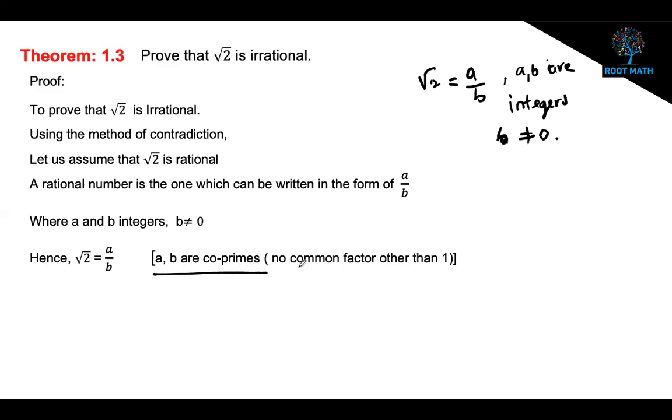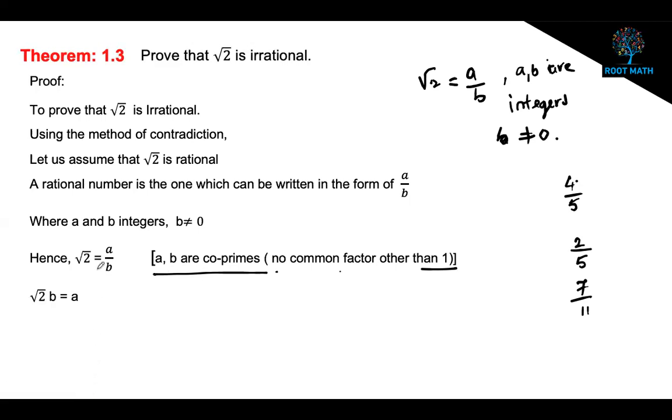Co-primes means no common factor other than 1. For A and B, there is no other common factor. For example, 4 and 5 don't have any common factor. 2 and 5 don't have any common factor. 7 and 11 don't have any common factor other than 1. So such numbers are A and B.